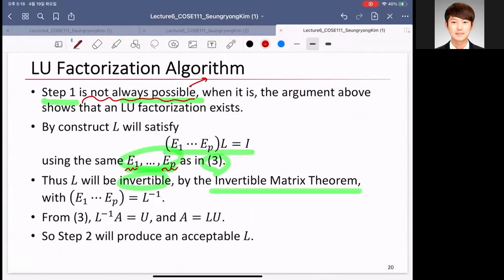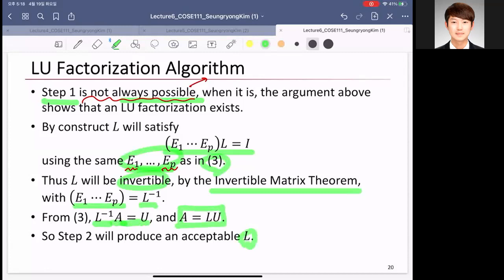So L is also invertible, with the inverse of E1, E2, EP being the inverse of L. In other words, L inverse times A is equal to U. In other words, A is equal to L times U. So step 2 will produce the acceptable L.